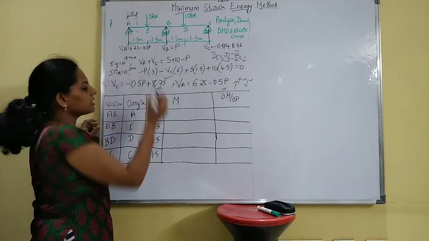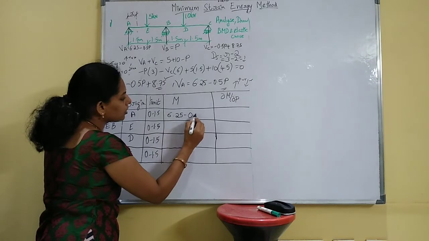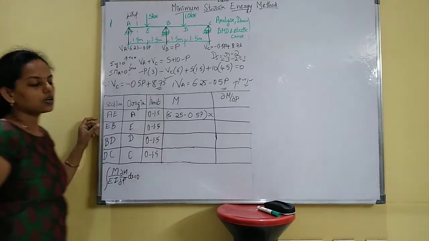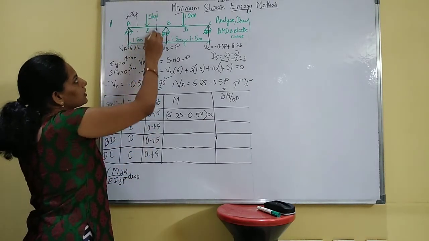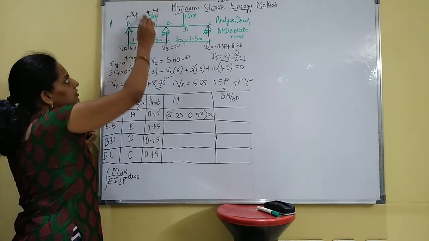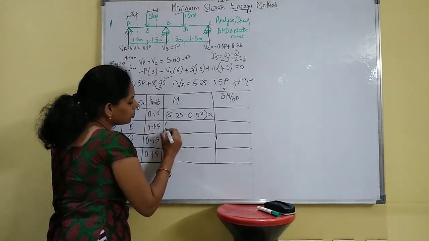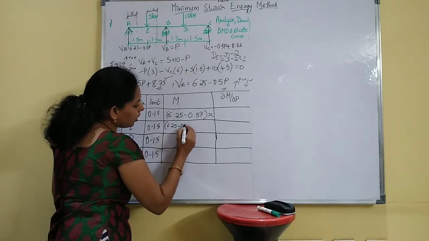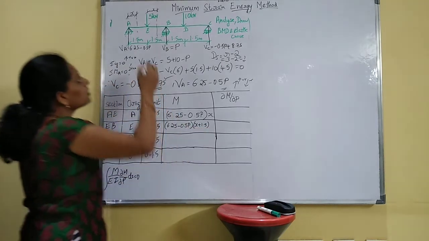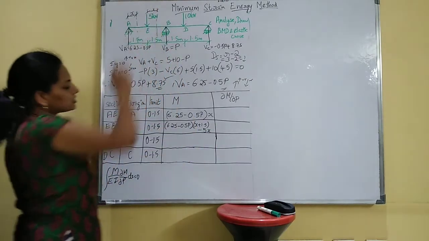VA is upward, so plus 6.25 minus 0.5 times P into distance X. Next for EB, consider the section, so you have this into the total distance, that is X plus 1.5, up to the section. So 6.25 minus 0.5 times P into distance X plus 1.5. Next this is downward, so minus 5 into distance X.